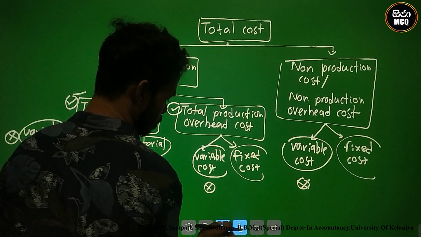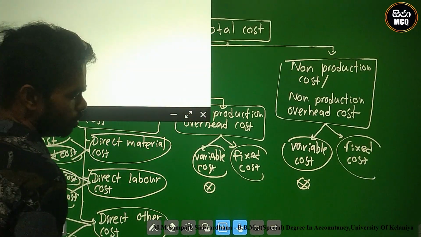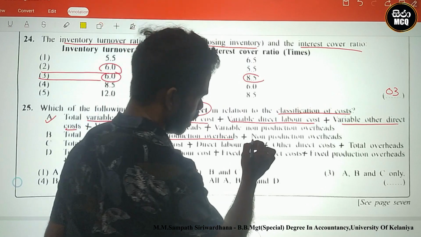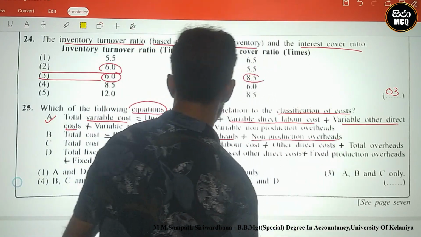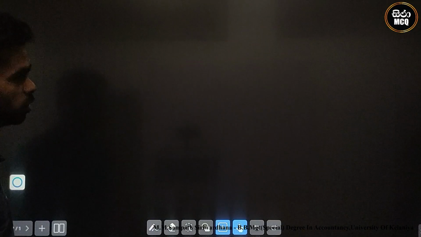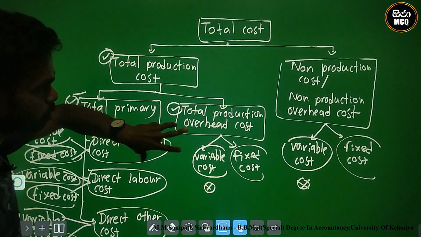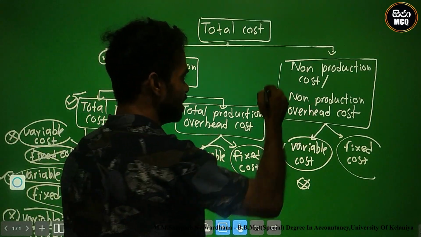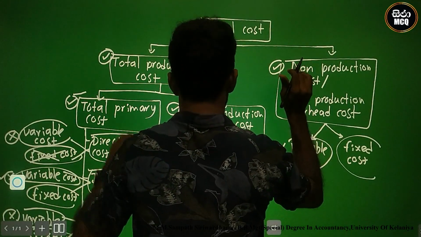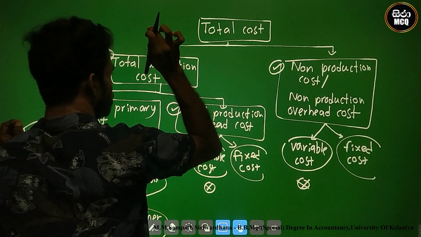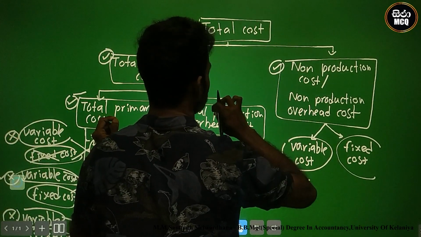Okay, this is the total cost part. Therefore, we go to another one, non-production overhead. Look here, this category is okay. This category, non-production overhead, is there. Total cost can be identified from both, total production cost and non-production overhead.